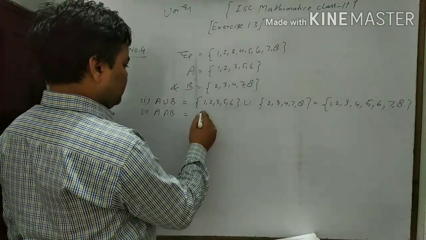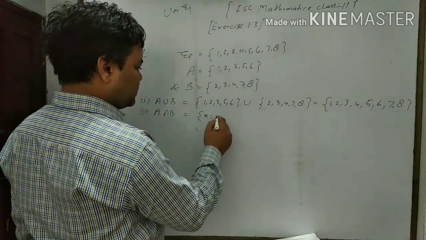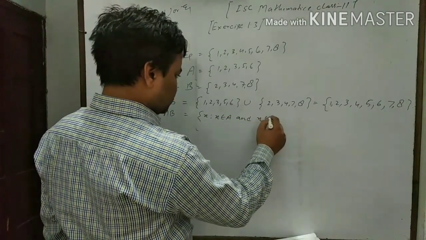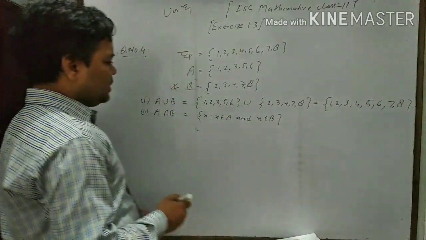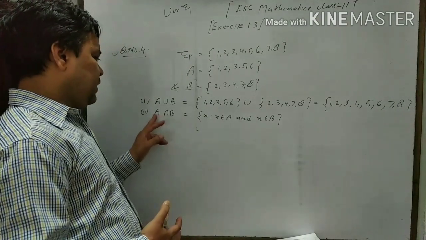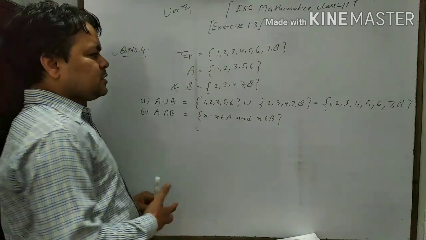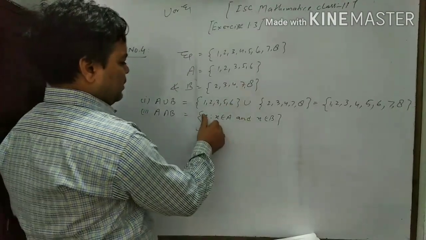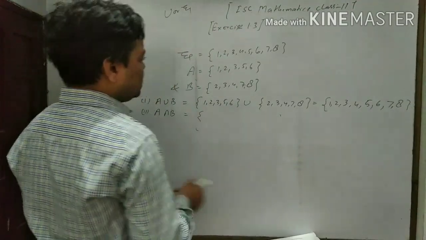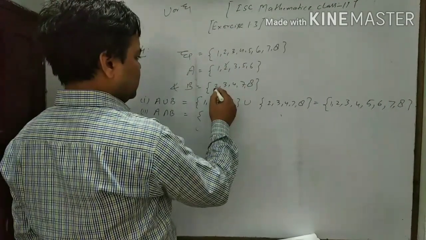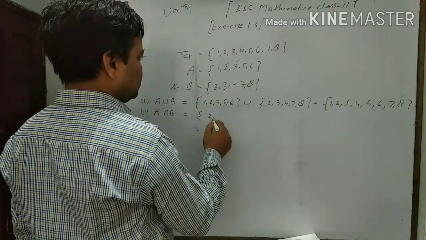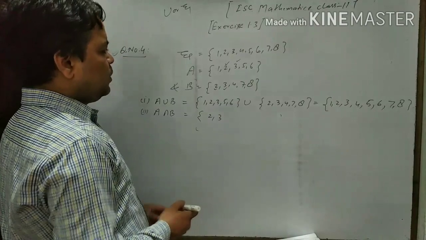Now the second part of the question is, we have to find A intersection B. What is the definition? X such that X belongs to A and X belongs to B. It means all those elements which are common in A and B will be in A intersection B. Using this method, A intersection B will be 2, 3, and no other element is common.